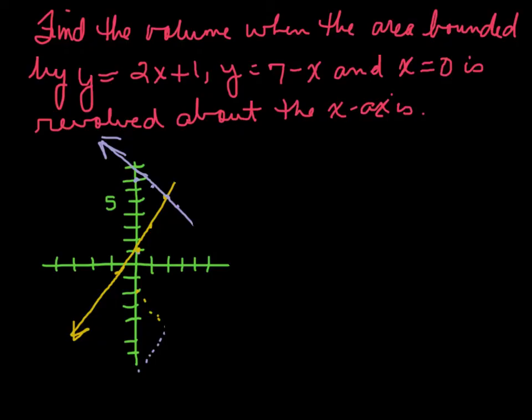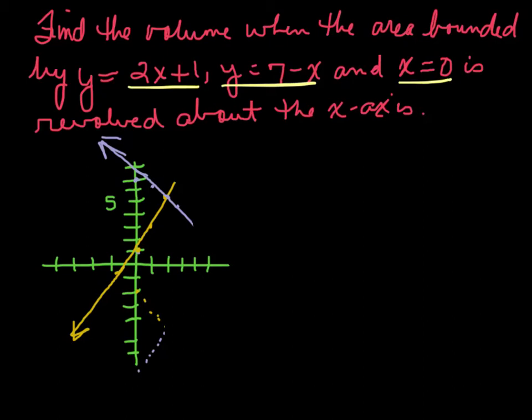Alright, so here's going to be a washer problem. You want to find the volume when the area bounded by y equals 2x plus 1 and y equals 7 minus x, and x equals 0, or the y-axis, is revolved about the x-axis. I've plotted a few points and drawn what the reflection would look like.